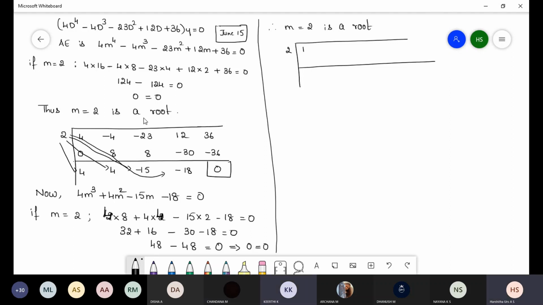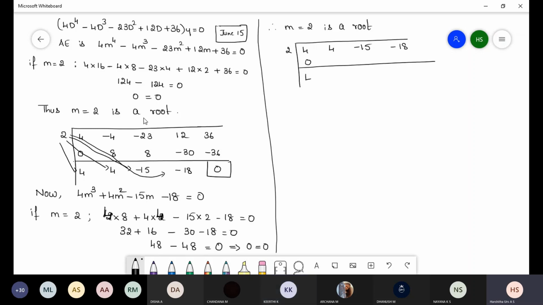Next, 4. Next, minus 15. Next, minus 18. Here, second row first one, 0. Always we have to start with the 0.